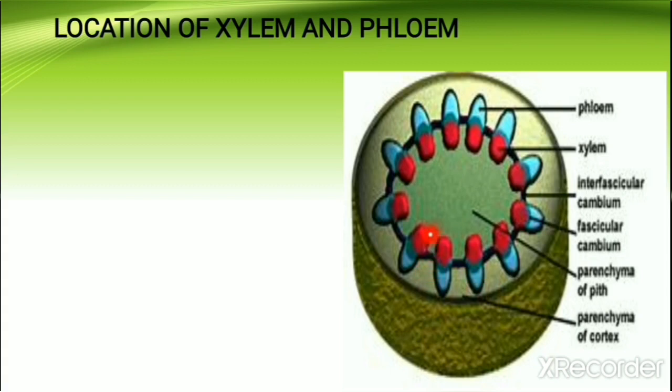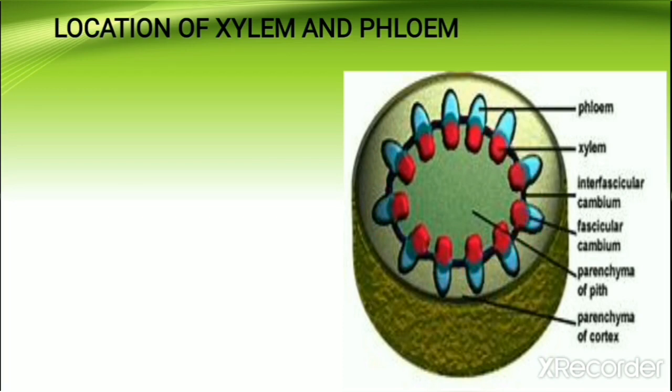And one xylem and one phloem together constitute one vascular bundle. And in a vascular system, that means in the circulatory system of a plant, there are many vascular bundles. They are arranged in a circular ring, and in between every xylem and every phloem there is this ring. This black colored ring is of cambium. What is cambium?